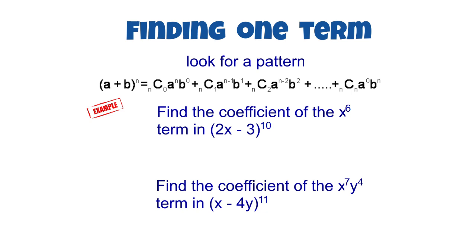I know that of the three things, I'm going to have a combination, which again, I don't want you to build Pascal's triangle to the 10th row. So I'm not going to know what this number is. I'm actually going to have to calculate it as the combination that it came from. So there's going to be a combination of 10 choose something I don't really know yet. I'm going to put a question mark there. And then I know there's going to be a 2x raised to some power, and there's going to be a -3 raised to another power.